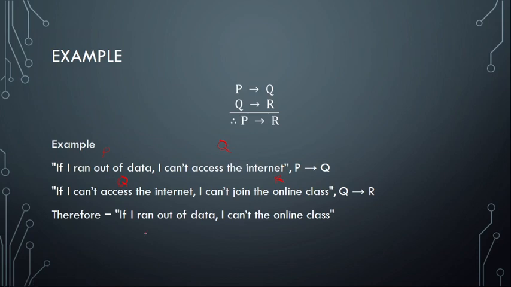And if I can't access the internet, I can't join the online class. That is hypothetical syllogism. If I run out of data, I can't join the online class.